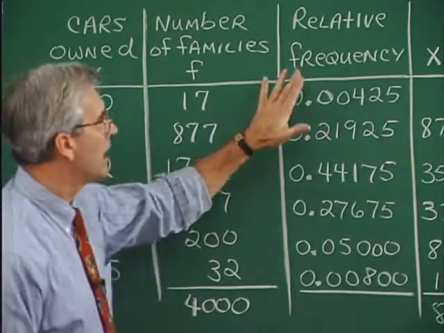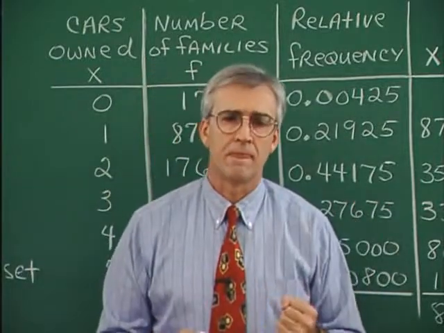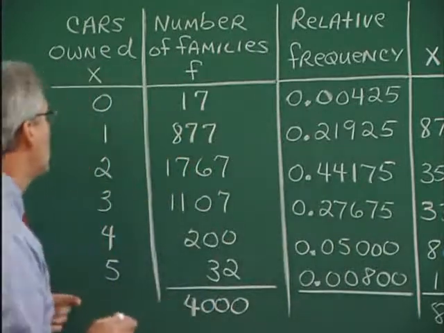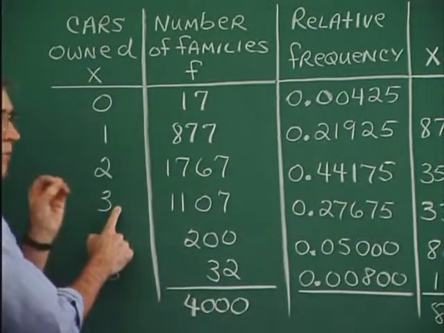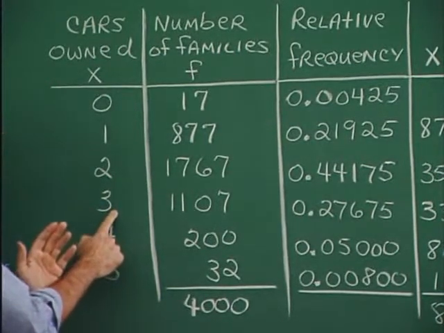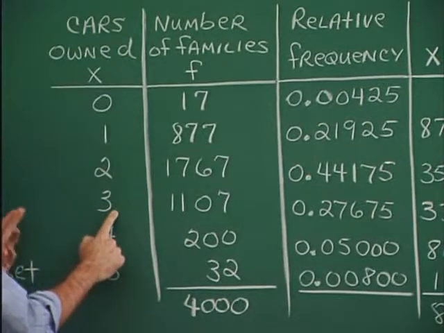Now, if a family is selected at random, what is the probability that that family will own 3 automobiles? Well, let's think favorable outcomes over possible outcomes. Favorable outcomes.